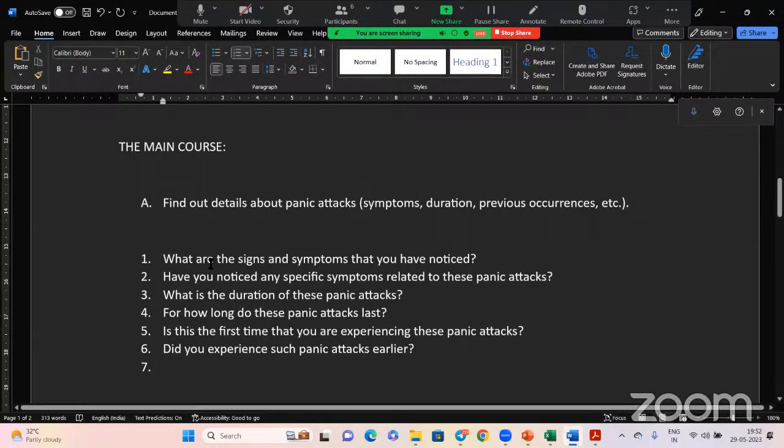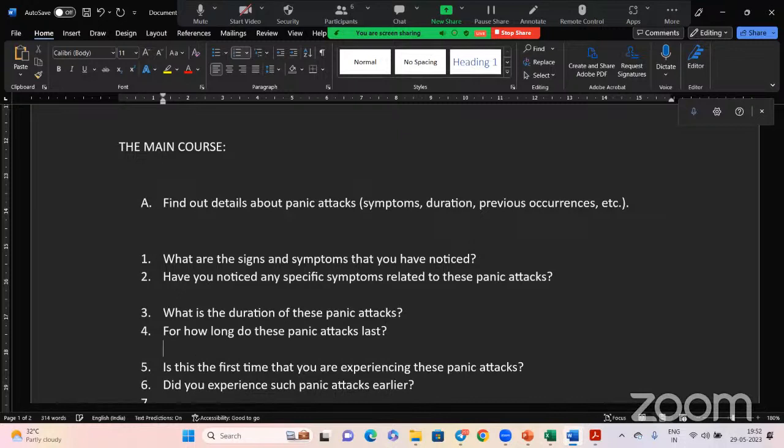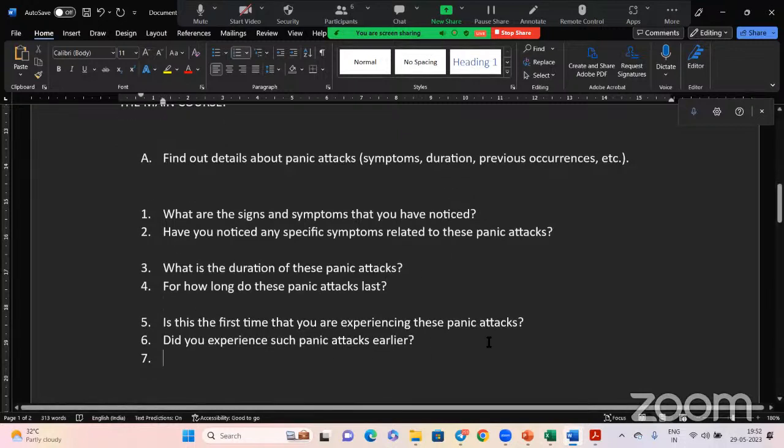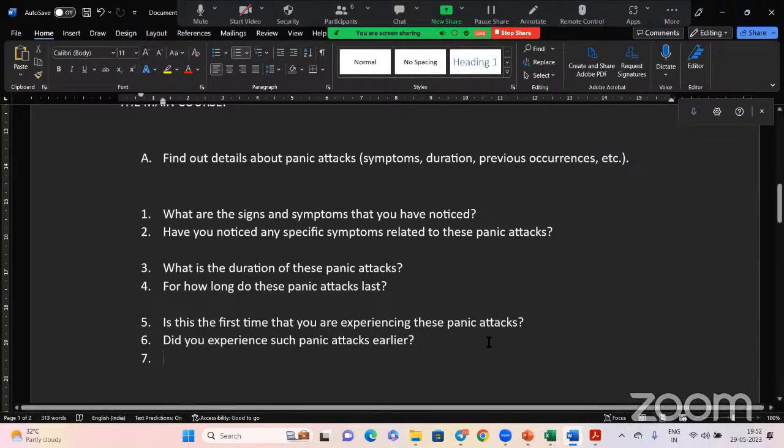Actually, notice first two are same, second two are same, third two are same. So you can use either this or this. Whatever style you want to use, you can use, no problem. These two are related, so you can notice that there.